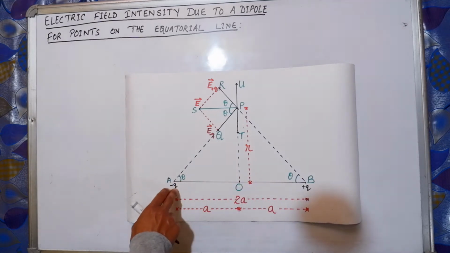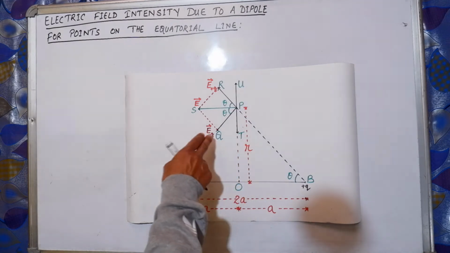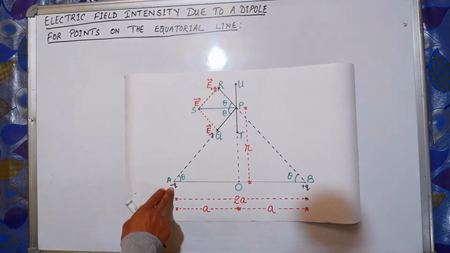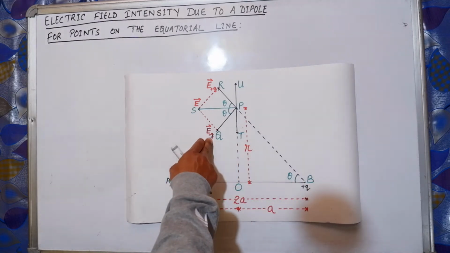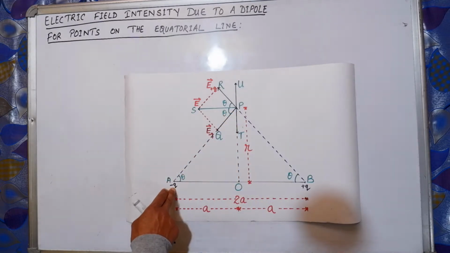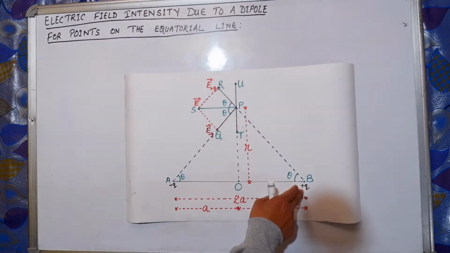Because we have two charges, minus q and plus q, the electric field intensity at point P will be due to minus q, and another due to plus q. So E minus q is the electric field at point P because of charge minus q, and E plus q is the electric field at point P because of the charge plus q.